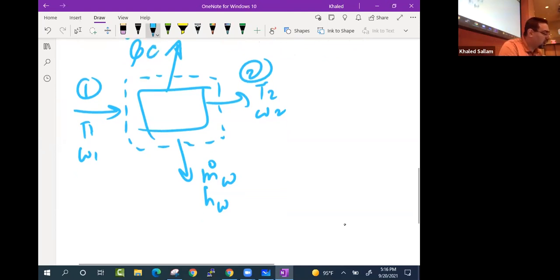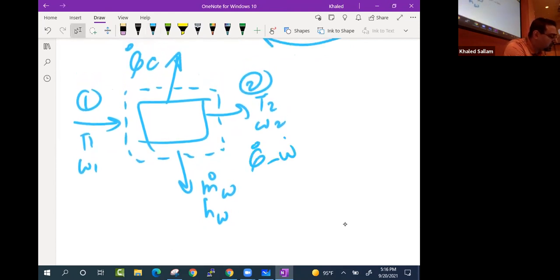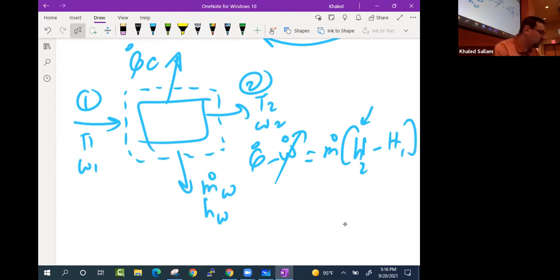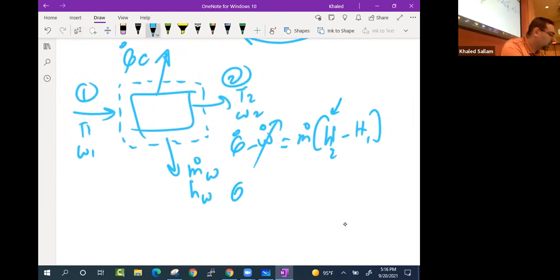So when I'm writing the first law of thermodynamics, I'm going to say Q dot minus W dot. We cancel the work because there's none, equal to m dot H2 minus H1, where this H is the total, which would be air plus water. So the Q dot coil, because it's leaving, is negative.